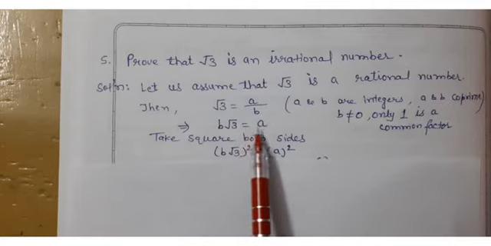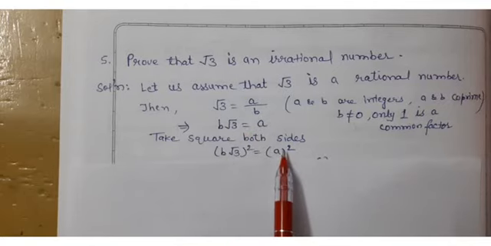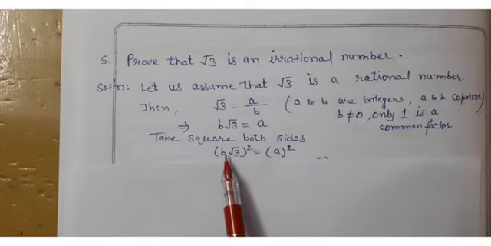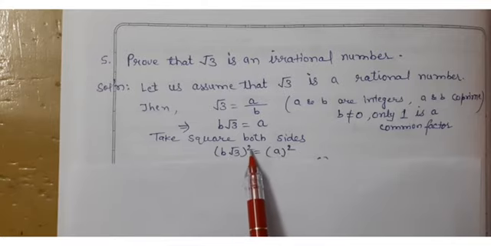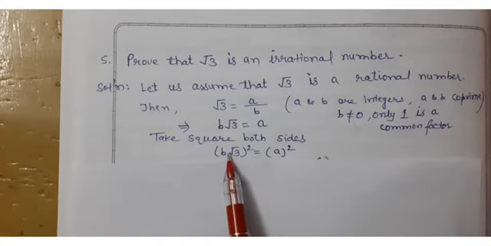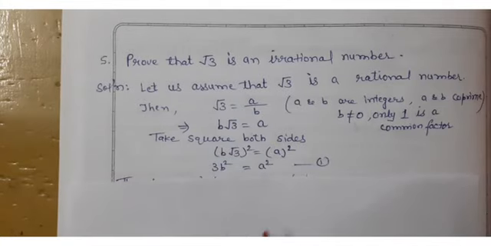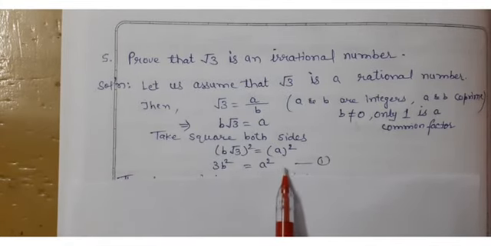Take square on both the sides. Then b square and root 3 square is 3, and this is a square, so it is 3b square is equal to a square. This is equation number 1.